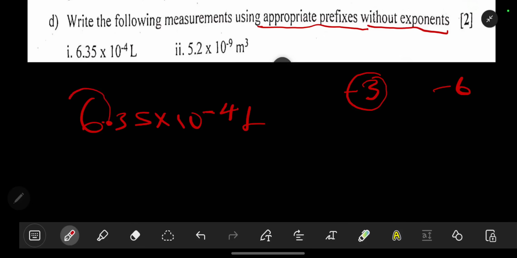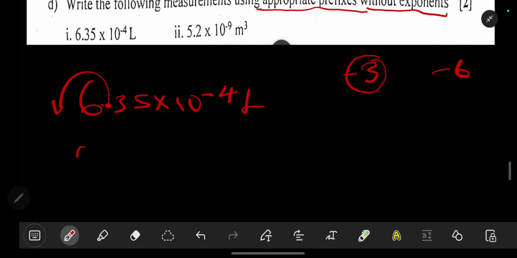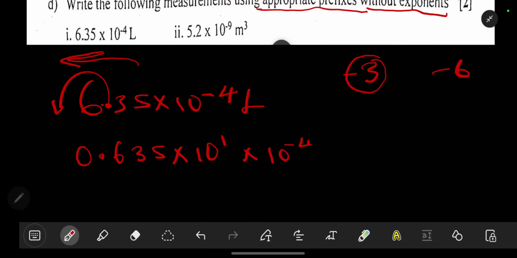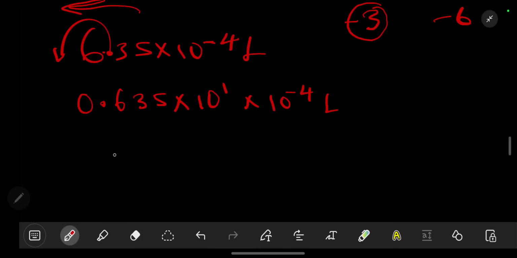So you are going to move the decimal point this side, and immediately you do that, it will be 0.635. Then it will be times 10. Now immediately if you are going to your left, it will be +1. Then you have times 10 to the power -4 liters. So you have your 0.635, then according to indices, take one base, add the power, so it will be 1.